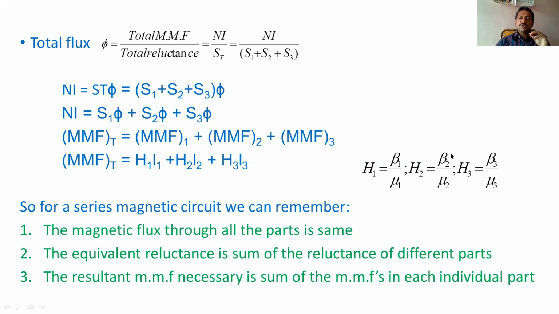As per KVL, the total supply voltage is equal to the algebraic sum of voltage drops across all the elements. So in a magnetic circuit, the resultant MMF is the algebraic sum of the MMFs of the coils connected in series.